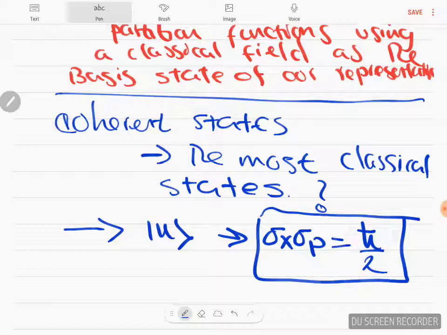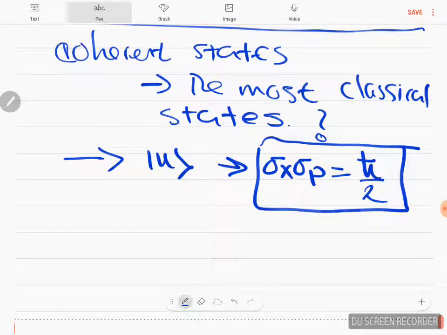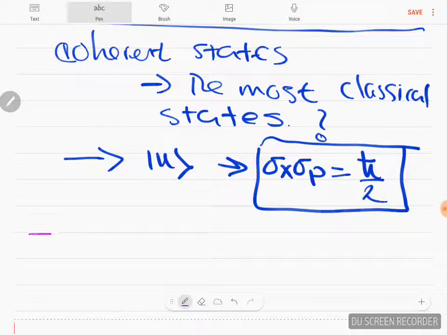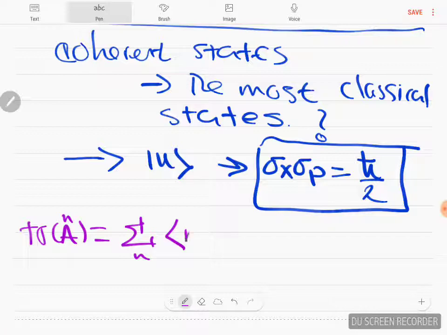Now we will see a review of how to calculate the partition function in a plain quantum mechanical state, let's say a Fock state. In a normal quantum mechanical state, we say that the trace of A is equal to the summation over n of the expectation value of n, A, n.